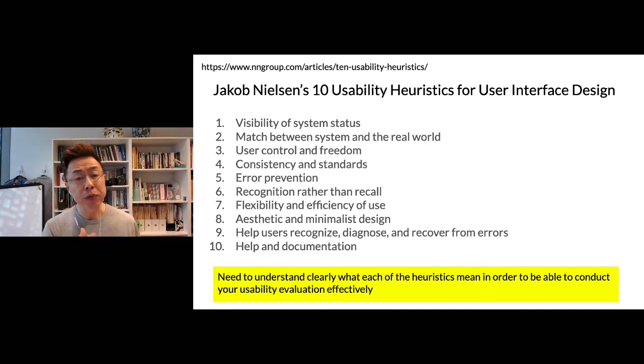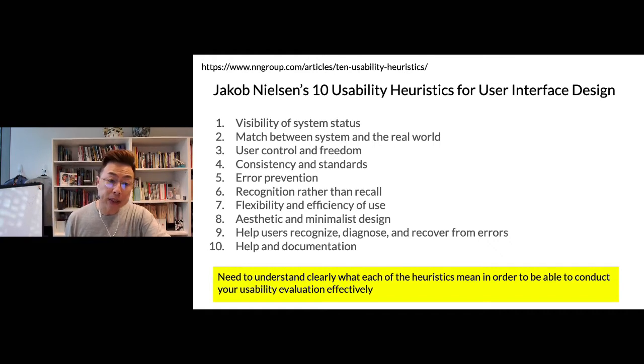Now, the reason why this is one of the most popular is that it has been used by most people. Most people have thought through it. It seems to be very usable and covers a lot of the problems that people usually find. There's been a lot of documentation about these usability heuristics, so there's a good standard to it, and that's why we continue to use it.